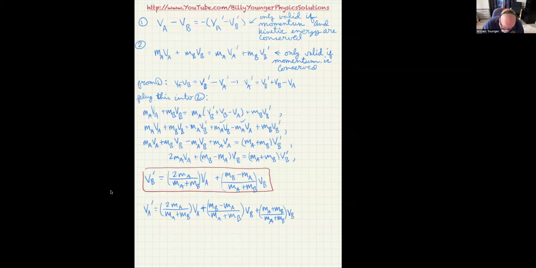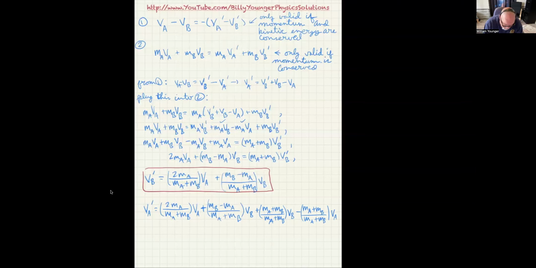And now we're subtracting a VA, but again, I'm going to get a common denominator, so I'm going to say minus MA plus MB over MA plus MB, and all of this will be times VA. Again, that's because we're just adding a negative VA, but to get a common denominator, I multiply by 1 such that it's MA plus MB over MA plus MB.